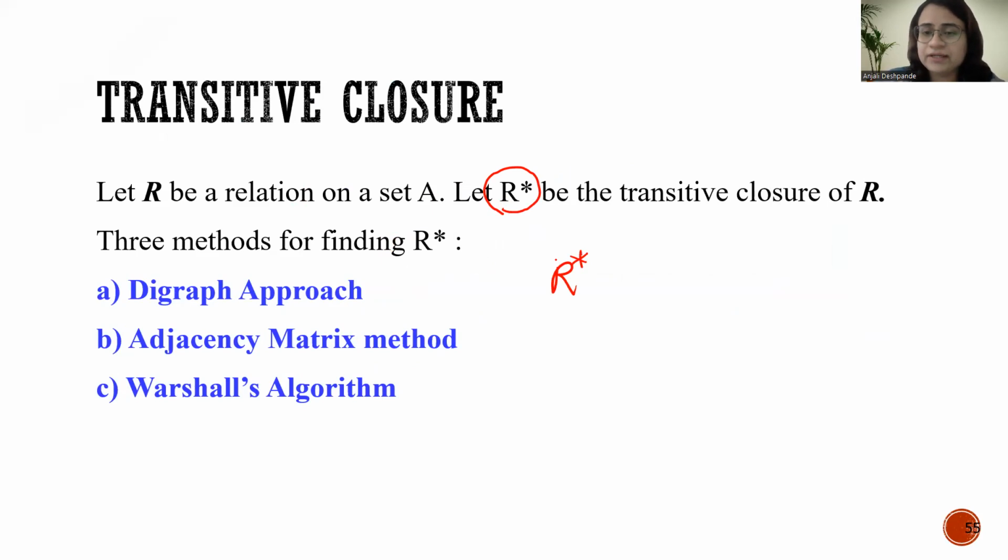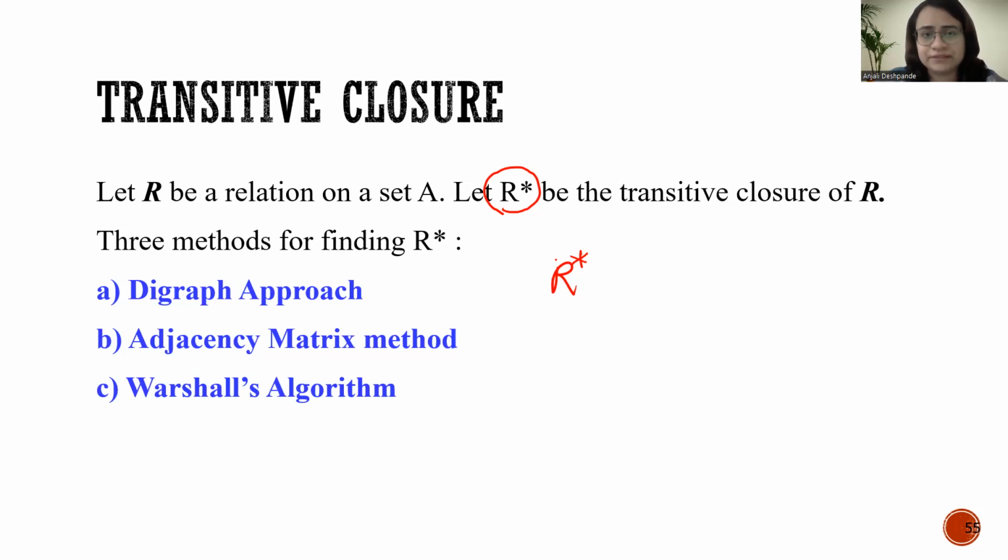It is nothing but the minimum number of pairs that are to be added in the original relation to make it transitive. So here, in many cases, if the relation is quite large, which contains vast number of tuples, then it becomes a tedious task to obtain the transitive closure.